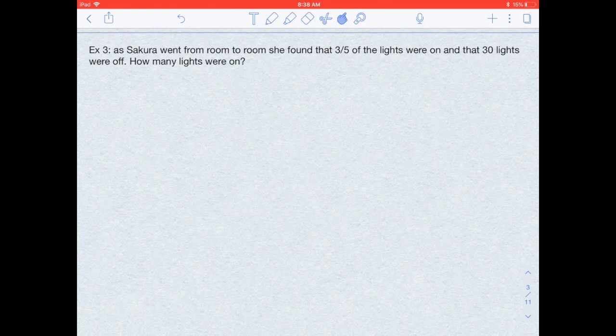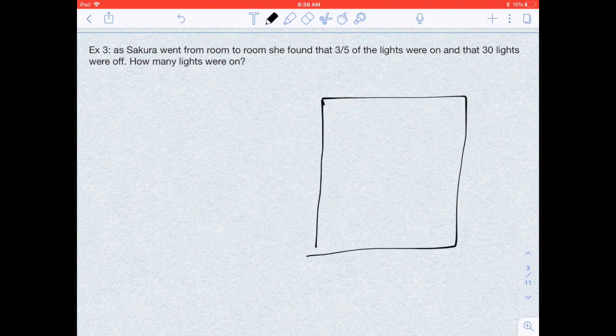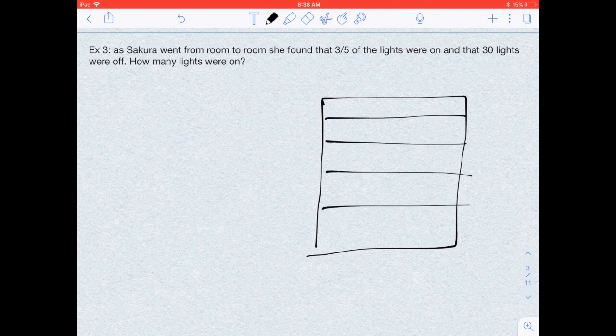All right, example 3. As Sakura went from room to room, she found that 3/5 of the lights were on and 30 lights were off. How many lights were on? So I'm going to do my diagram box, and it's in fifths because it says 3/5. 3/5 were on, so that means this part was off, right?